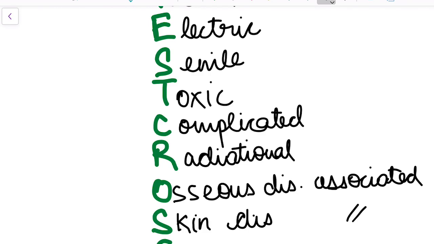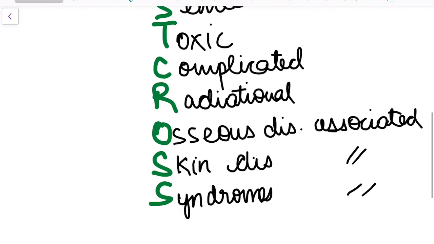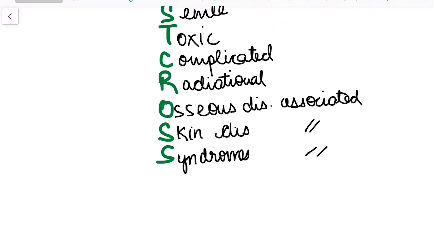From S we have syndromes associated, and last we can remember that was not coming in the mnemonic, so the last one is metabolic, which is again an important cataract.